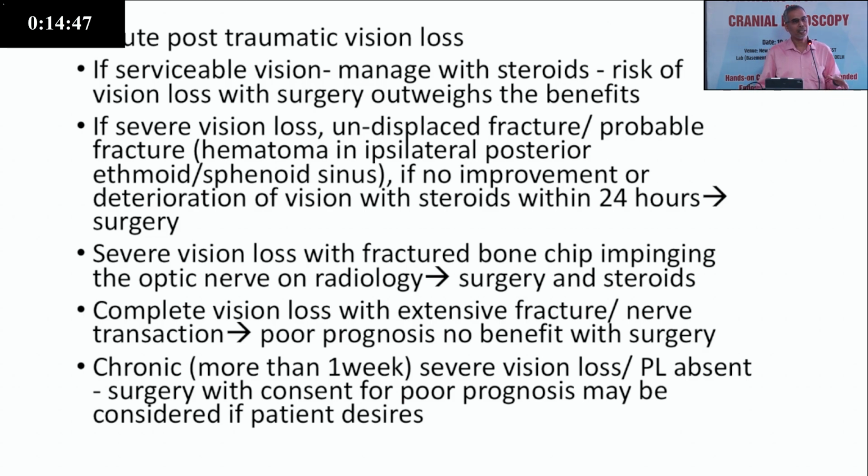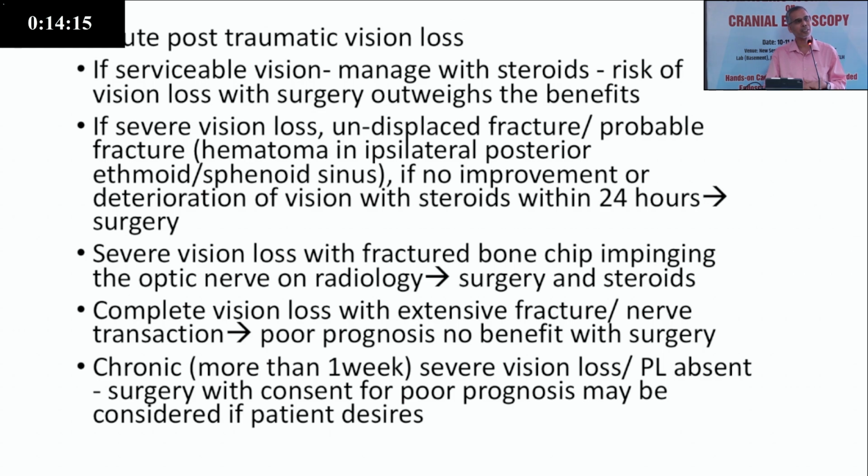What we usually get for optic nerve decompression are patients who have acute post-traumatic visual loss. But not all traumatic visual loss are cases for surgical intervention. So what are the indications? First, you have to give steroid. If there is serviceable vision, manage with the steroid, because whenever you do surgery, you always weigh the benefit versus risk.